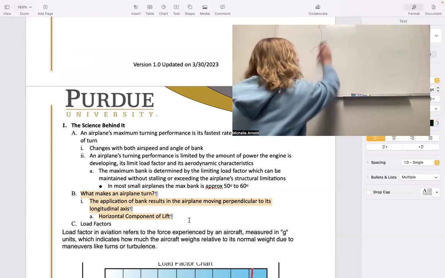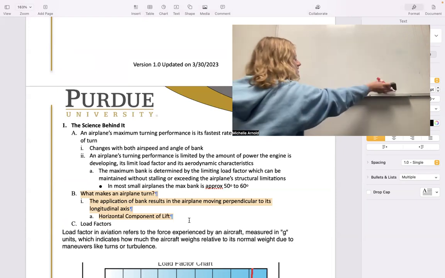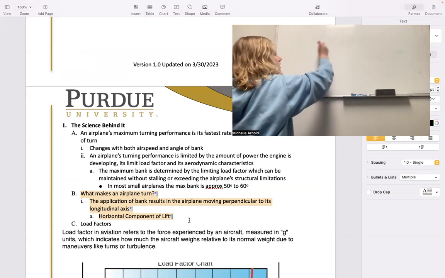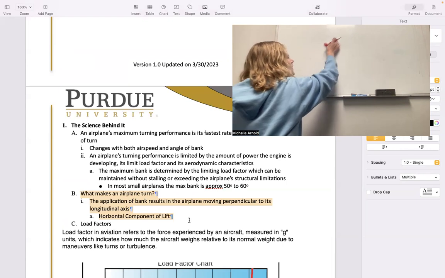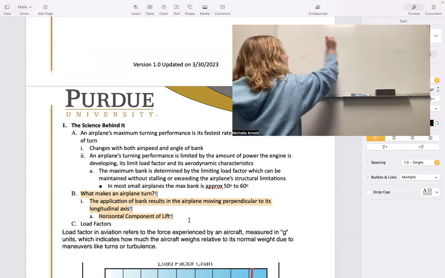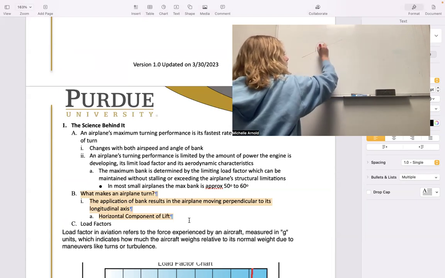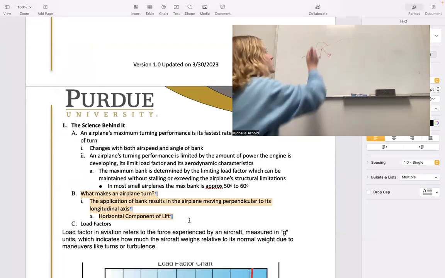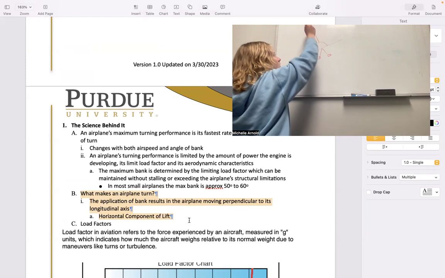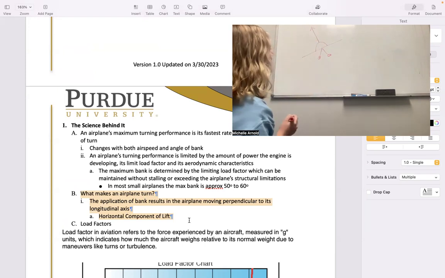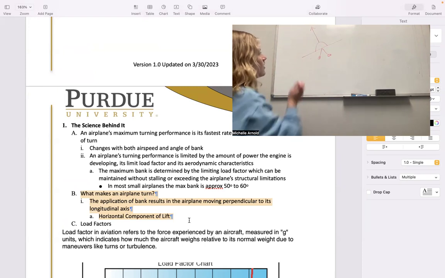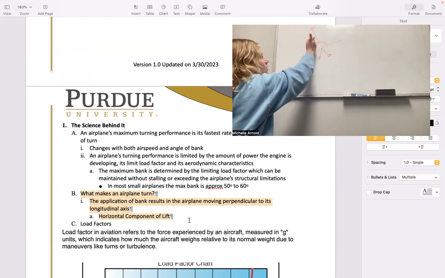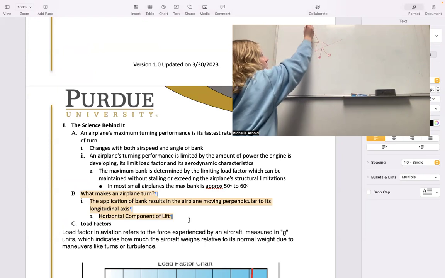Now let's look at an airplane that is banked. So at this point, this is still your total lift. But now you have a horizontal component of lift and a vertical component of lift.